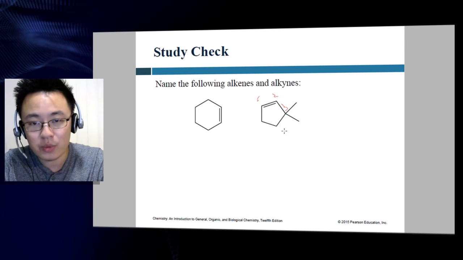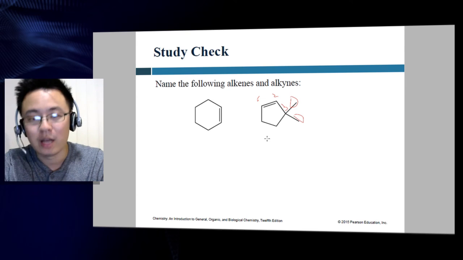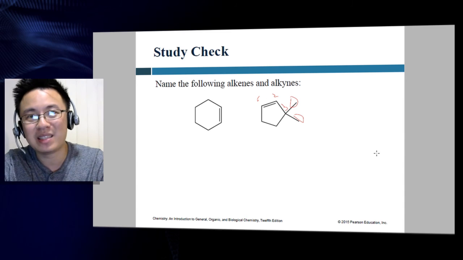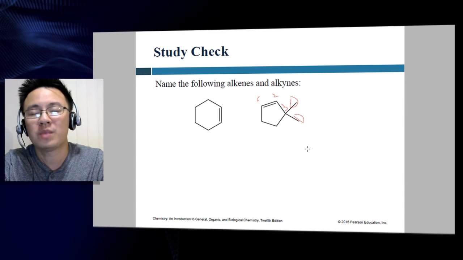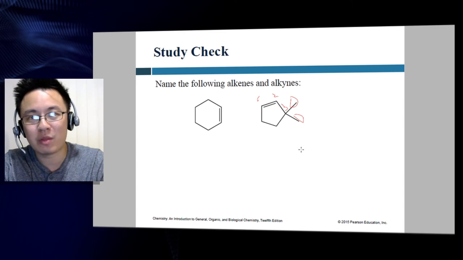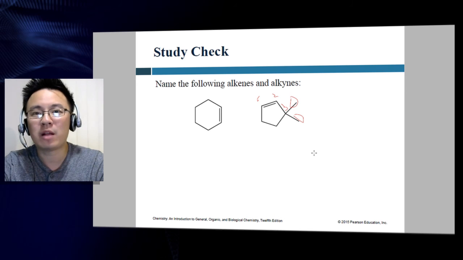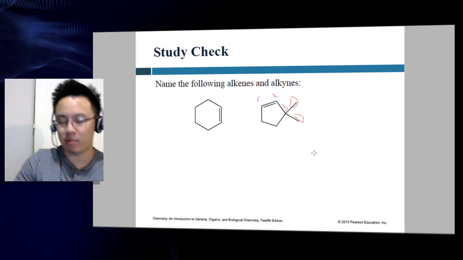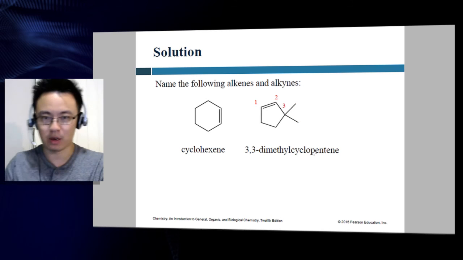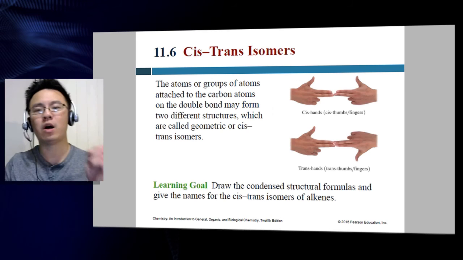We have two methyl groups on the 3 carbon, so 3,3-dimethyl, and then cyclopentene: 3,3-dimethylcyclopentene. I could say 3,3-dimethylcyclopent-1-ene, but it's already implied. Okay? All right. Moving on.